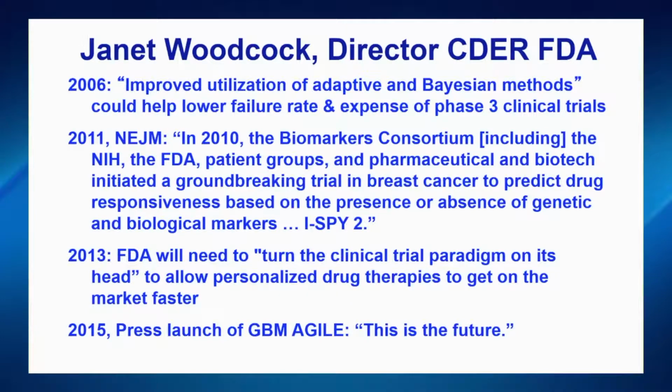More recently, she said the FDA has to turn the clinical trial paradigm on its head to allow personalized therapies to get to the market faster. She doesn't know how to do it. I don't know how to do it. Nobody knows how to do it. We have to experiment with experiments. It's a bit ironic that the randomized clinical trial is like 70 years old. Some people have talked about it should be retired.